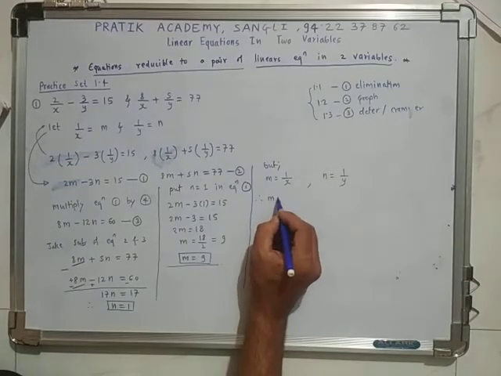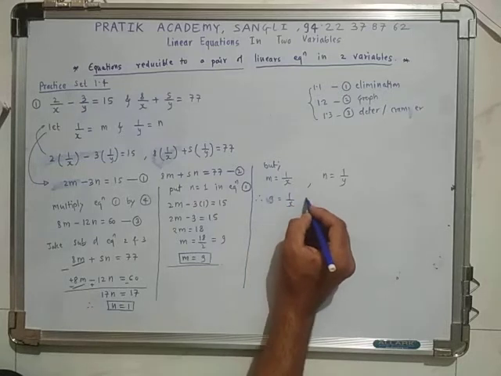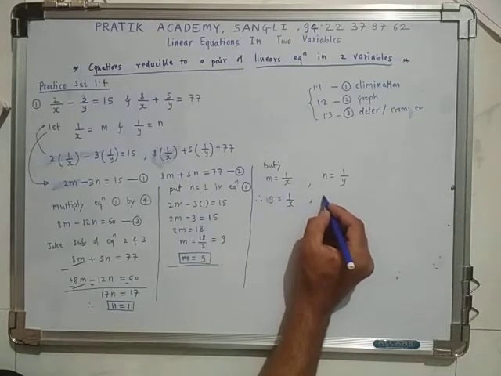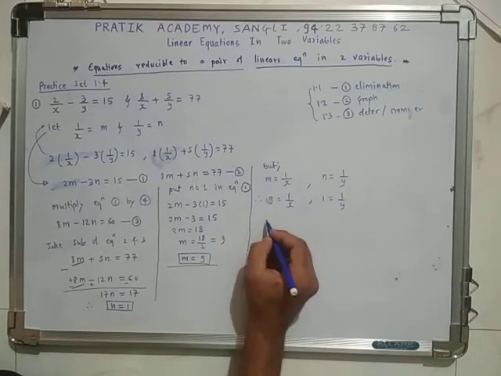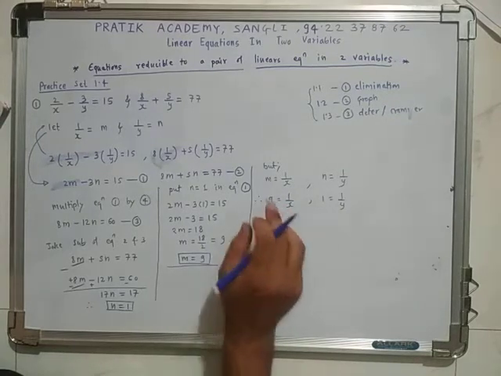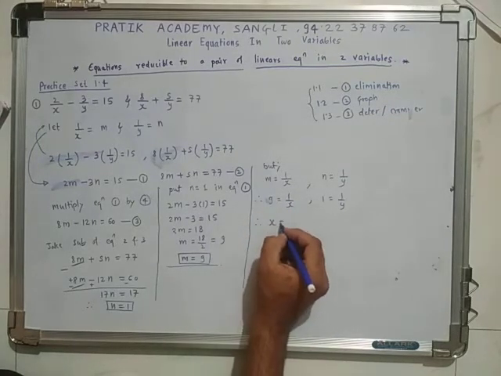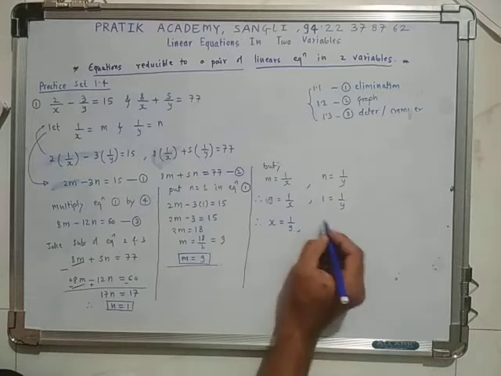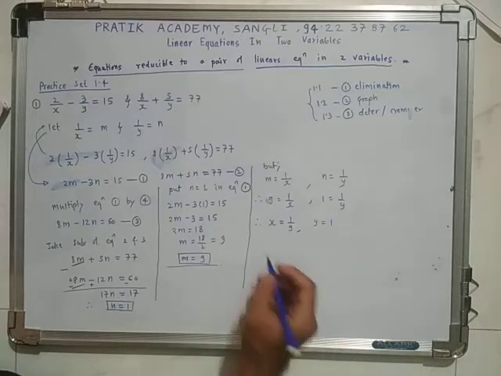Therefore 9 is equal to 1 upon x, and 1 is equal to 1 upon y. So taking reciprocal, we get x is equal to 1 upon 9, y is equal to 1.